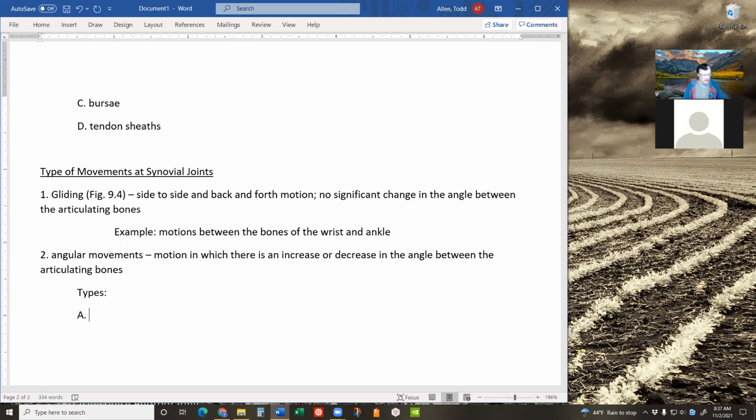Most of the terms we're defining are highlighted on figures 9.5 to 9.9, so that's where we're taking these terms.